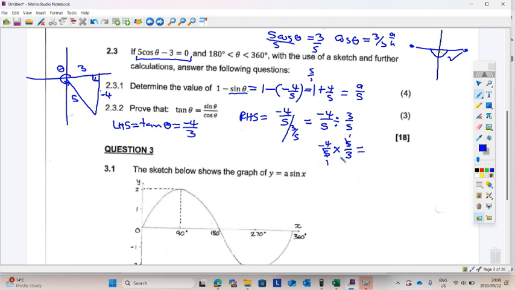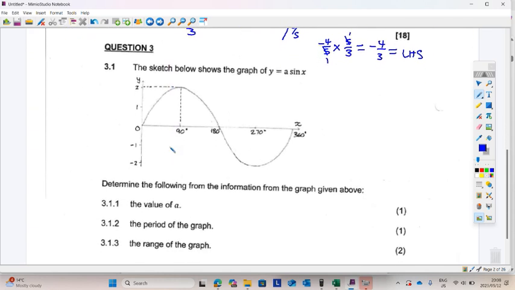We are left with a 1. Negative 4 times 1, we have a negative 4 over 3. And this is equal to the left hand side. So tan theta is equal to negative 4 over 3. And then sin theta over cos theta is also equal to negative 4 over 3. These two things are equal, so we have proved that tan theta is equal to sin theta over cos theta.